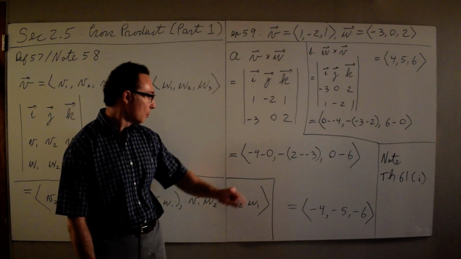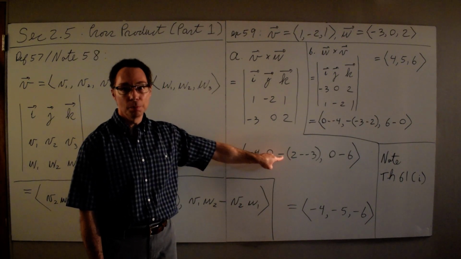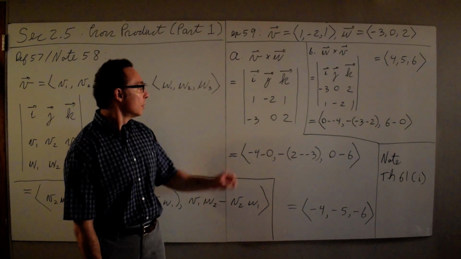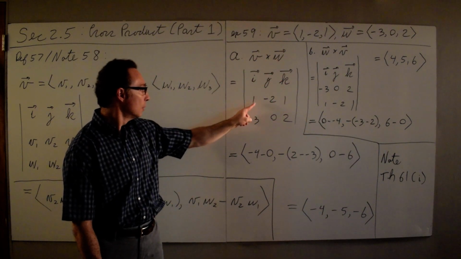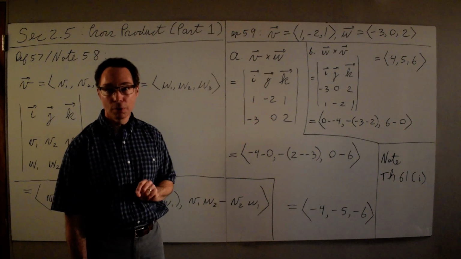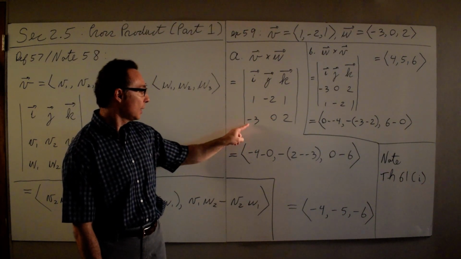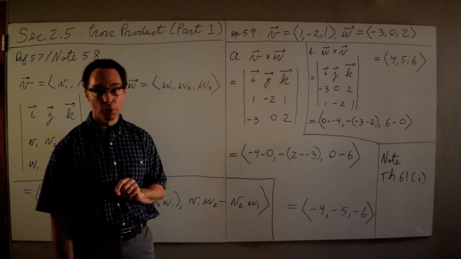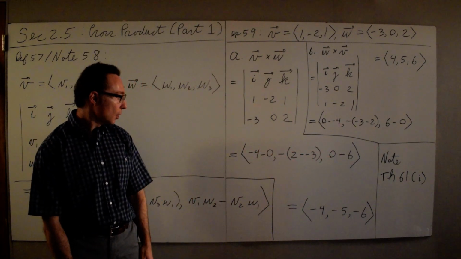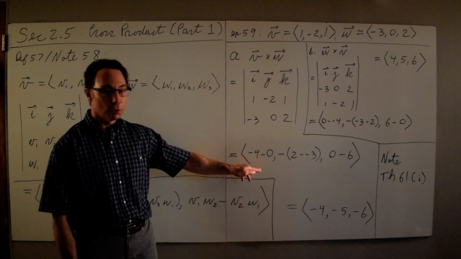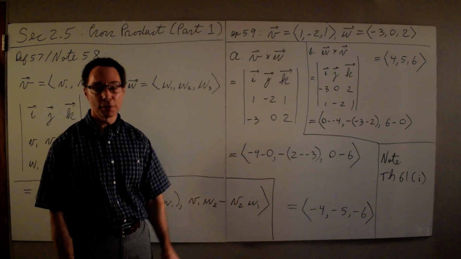Because it's the second component, we change the sign. For K, ignore the row, ignore the column. 1 times 0 minus -3 times -2. So we have 0 minus 6. So our vector is -4, -5, -6.